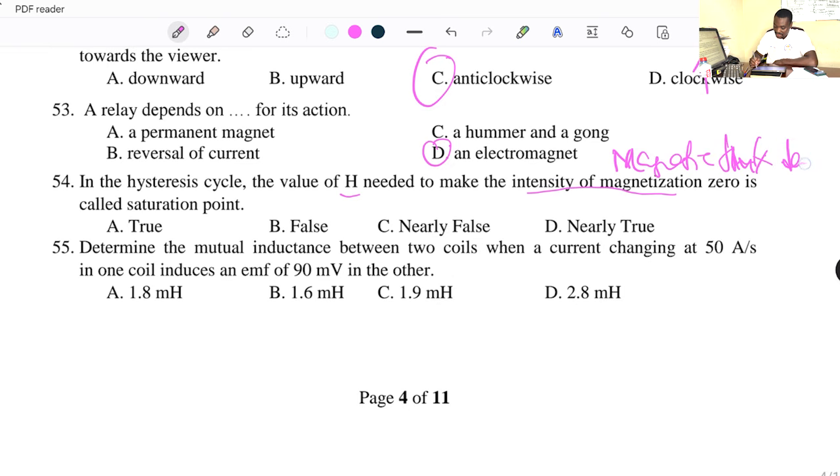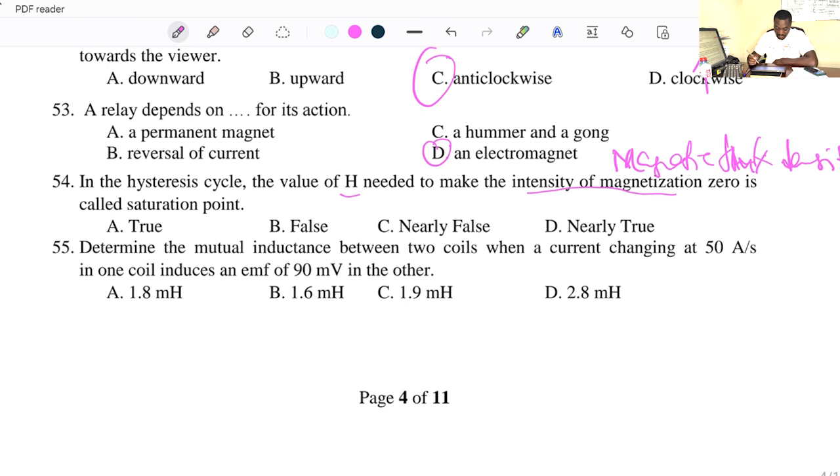So when it comes to the hysteresis cycle, the magnetic field needed to make the magnetic flux density zero is called the saturation point.